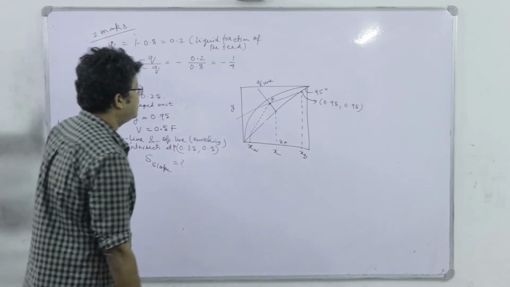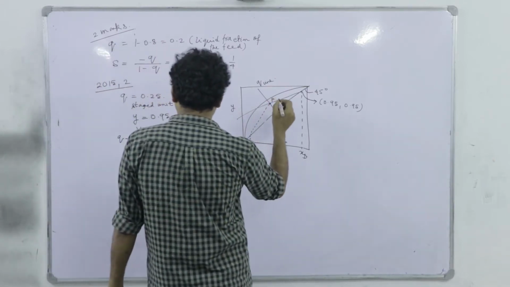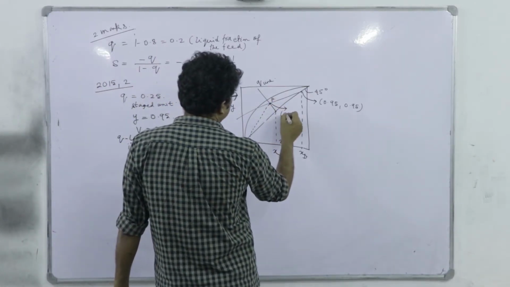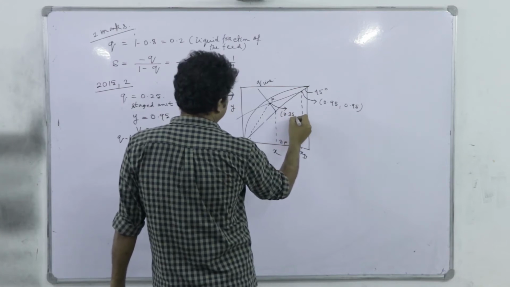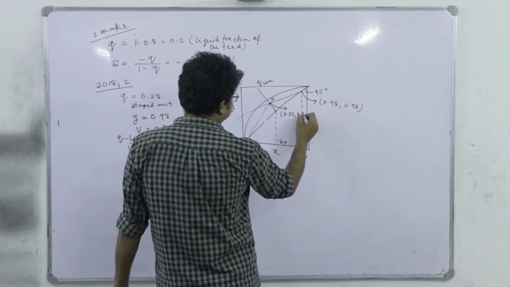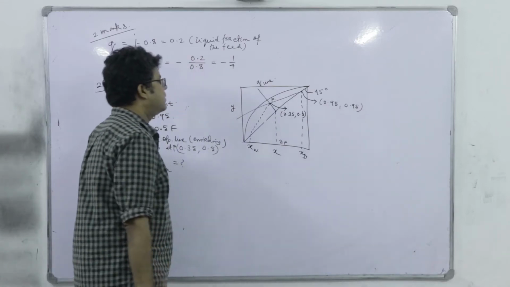So one of the points is known, and that point is 0.35, 0.5, right.